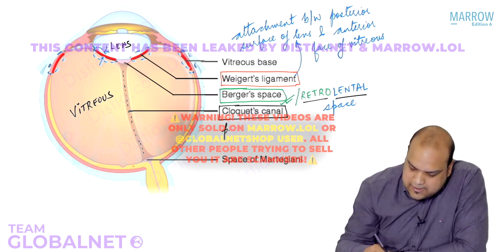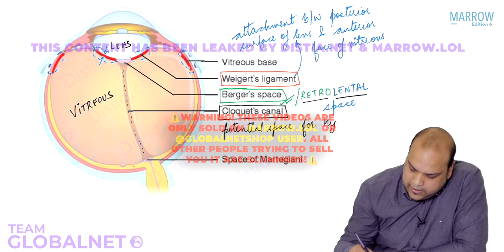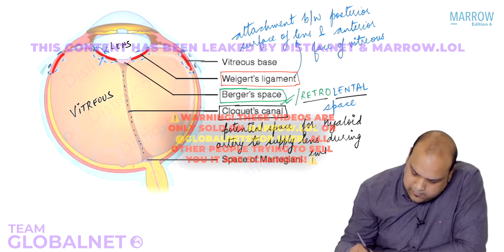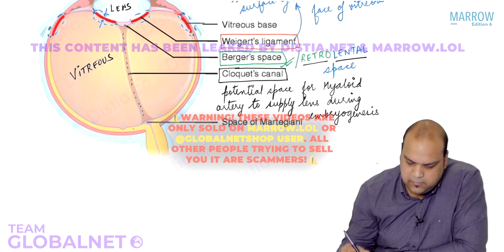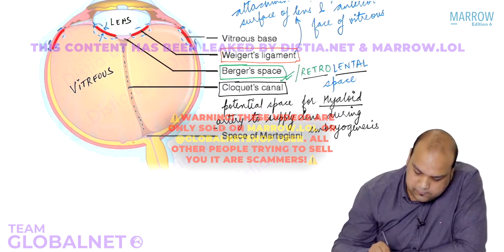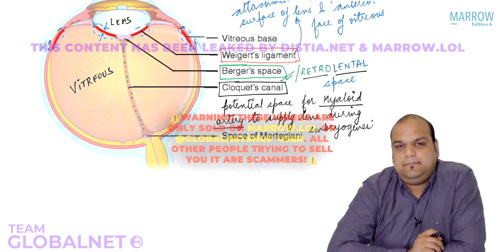This is a potential space for the hyaloid artery to supply the lens during embryogenesis. A potential space for the hyaloid artery to supply the lens during embryogenesis.